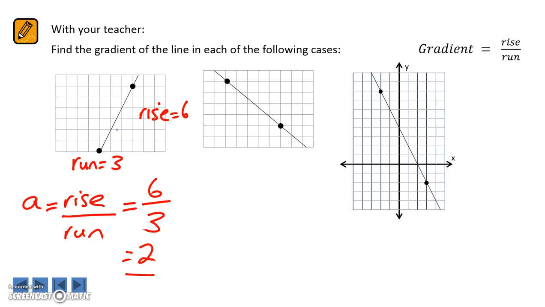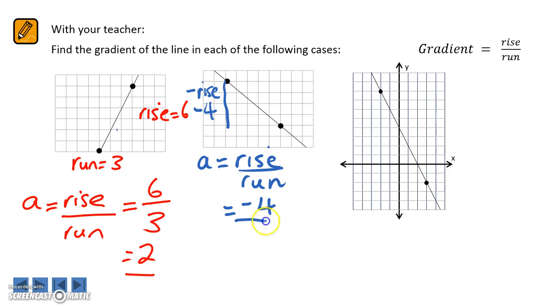gradient. So let's grab a pen here and write our formula down. Gradient equals rise over run. And so we need to look at our rise. Because we are going down, it's a negative rise, and that's got a value of 4. So our rise is equal to -4.